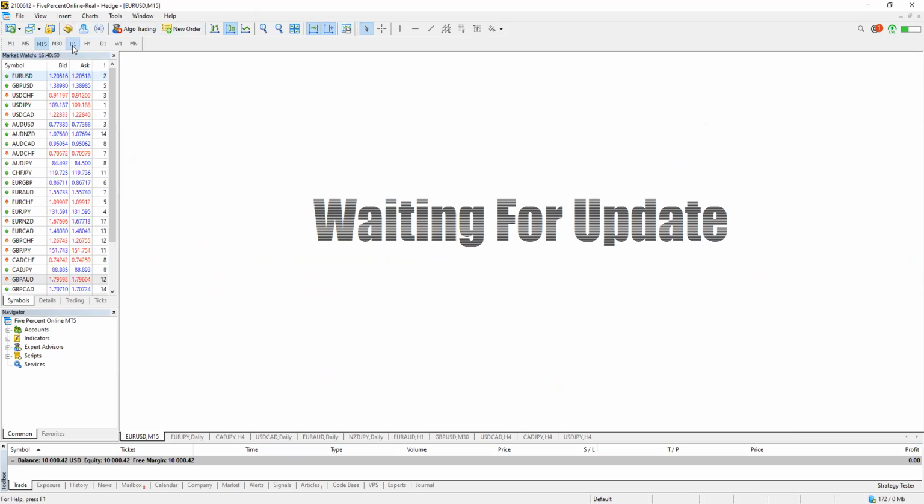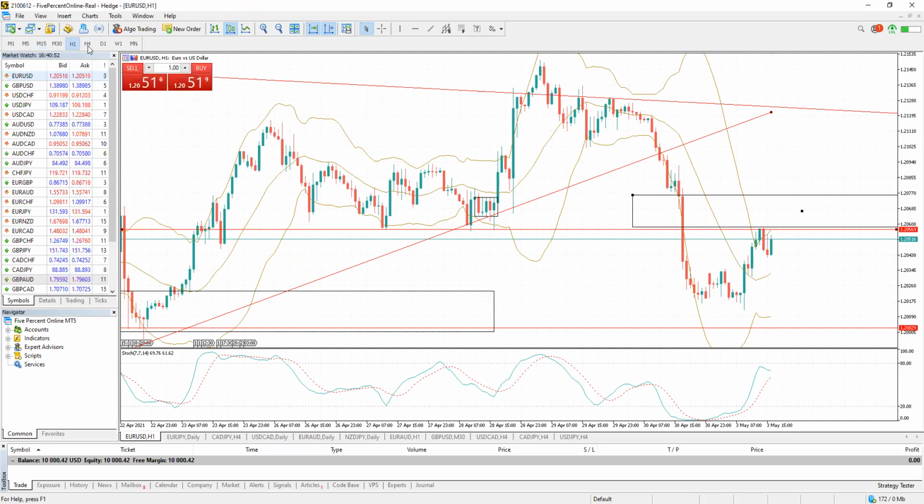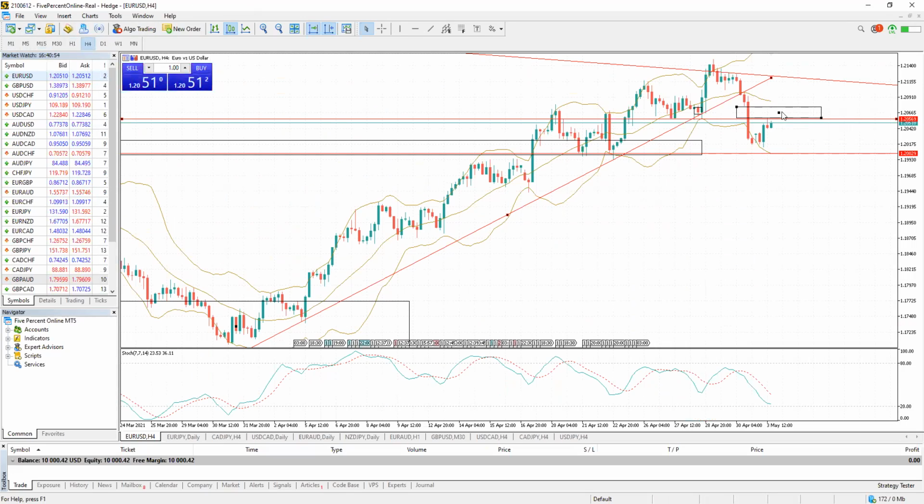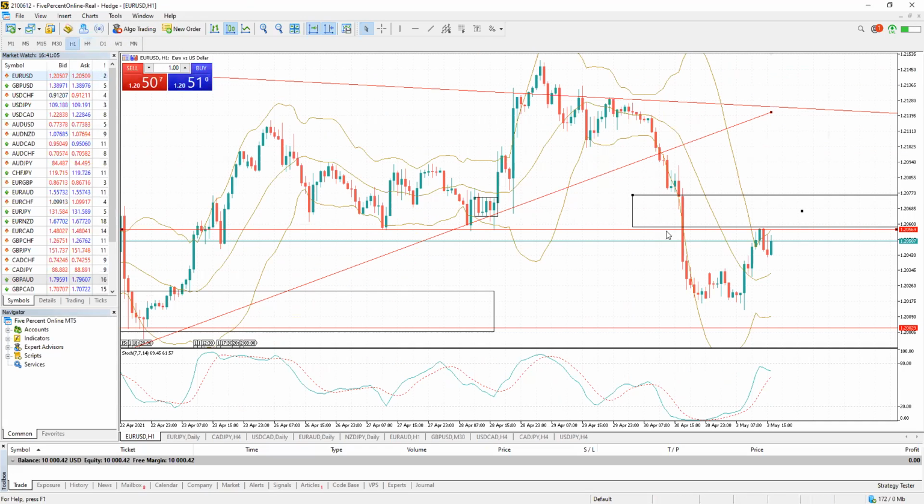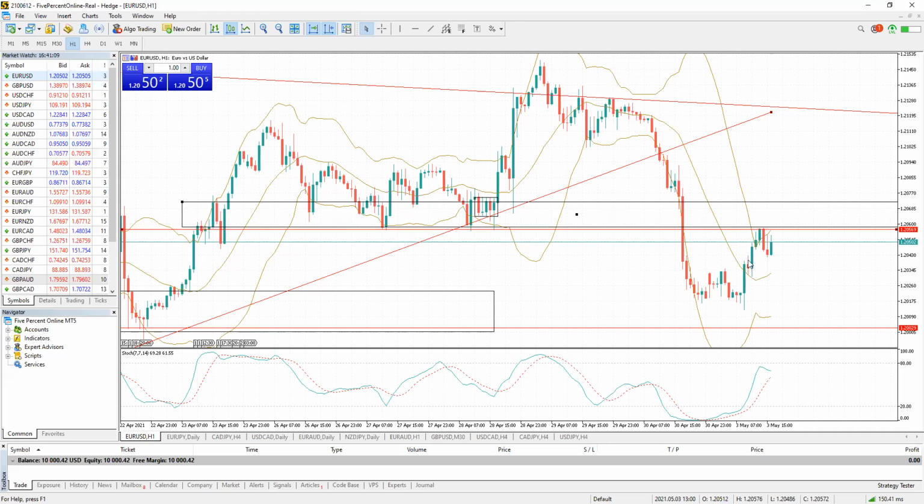Maybe on the Euro USD, we'll have to be really careful with this kind of setup. It has already broken the trend line. It could be a little retest, and here we see great supply on H1. It also respects this kind of level here.